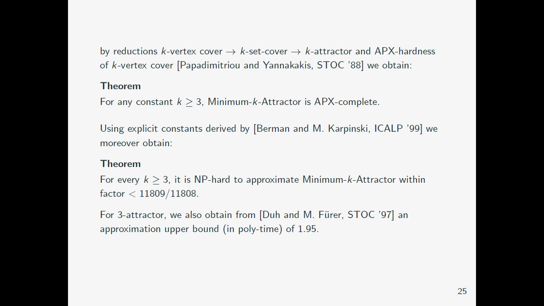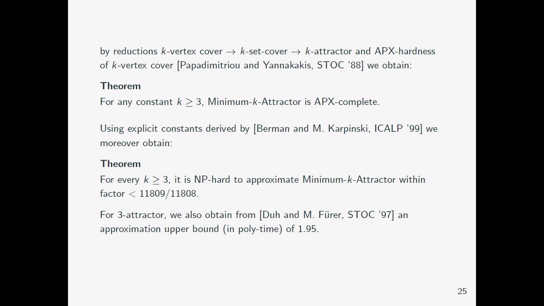Then we get a lot of other reductions. So from reductions from k-vertex cover to k-set cover, we can show the APX hardness of the k-attractor problem. We show that for any constant k larger than 3, minimum k-attractor is APX-complete. And then we derive even some constants using some known results.